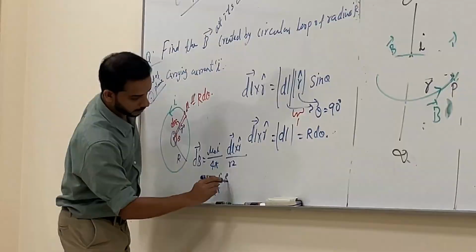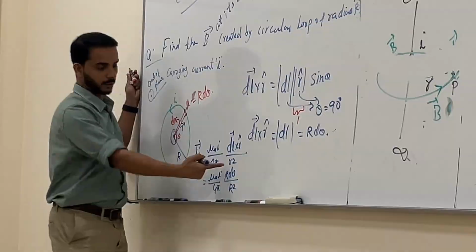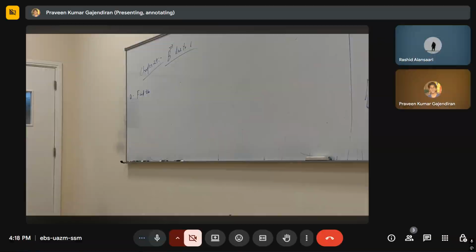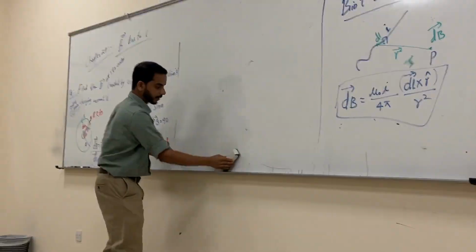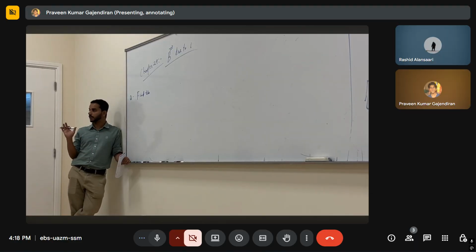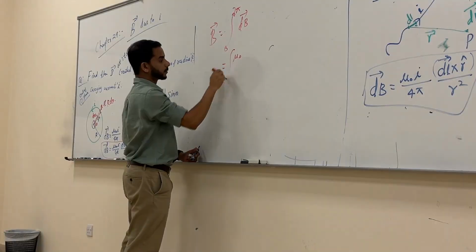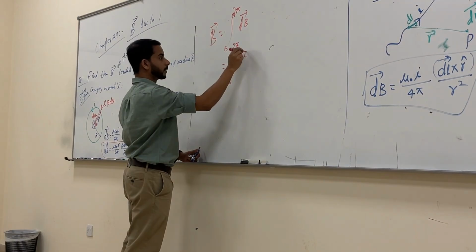Mostly, when I ask you about a three-dimensional object, most of the questions you can solve by using the Amperian law. I'll make sure there is a symmetry so that it is easier.